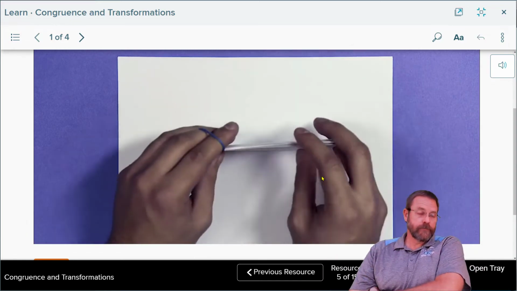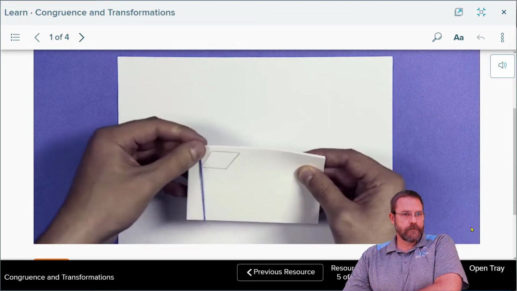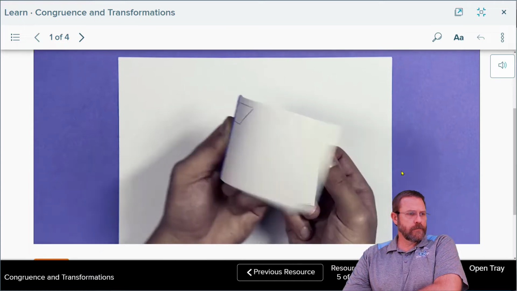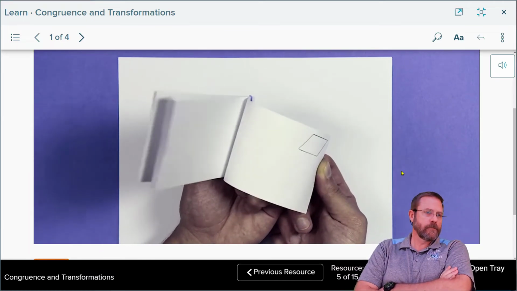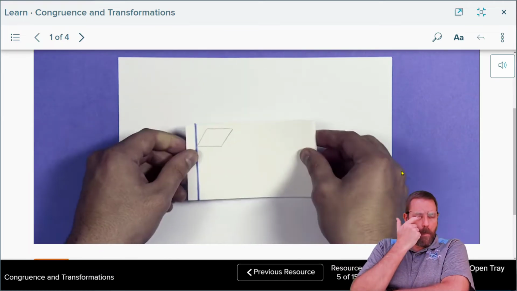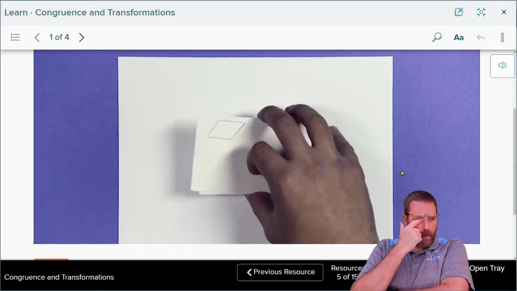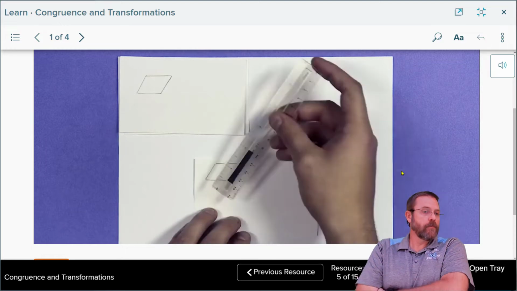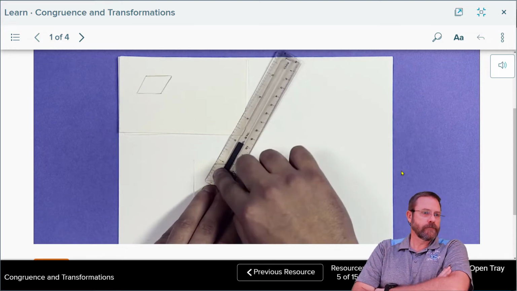Stack the cards and wrap a rubber band around the left side to form a flip book. Quickly flip through the cards from front to back. Even though the parallelogram appears to move, notice that the sides of the parallelogram are the same length. Use a ruler to measure them.